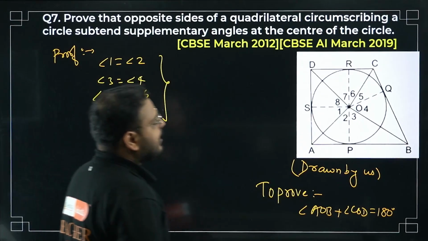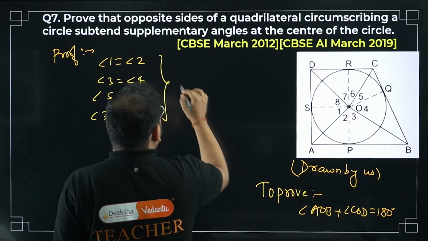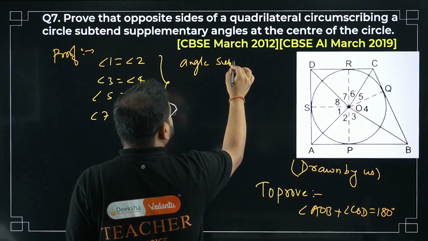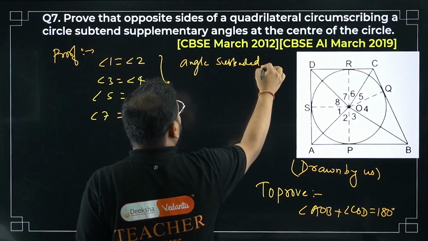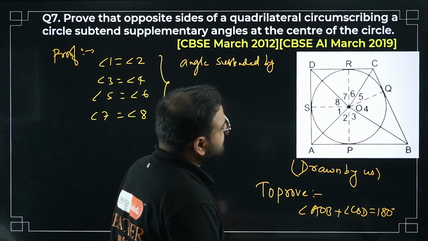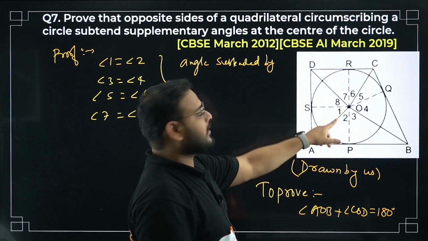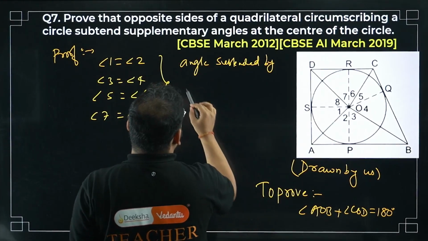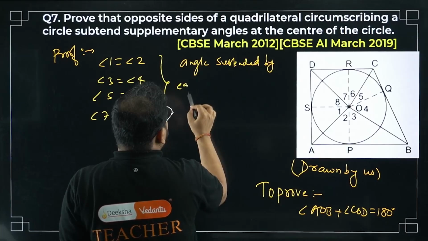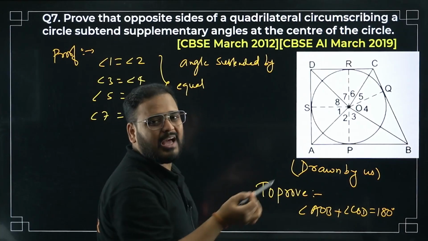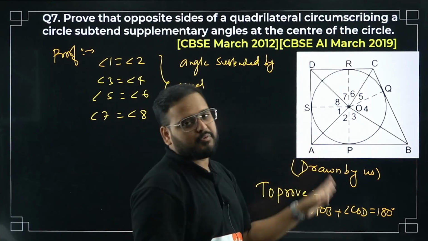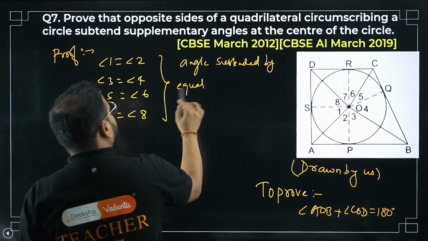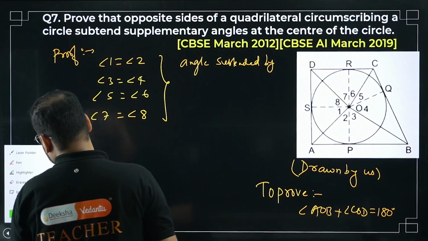Angle subtended by tangents at the center are equal. You don't have to write equal tangents, because once you write external point, it becomes equal directly. So I'll write directly, by tangents.